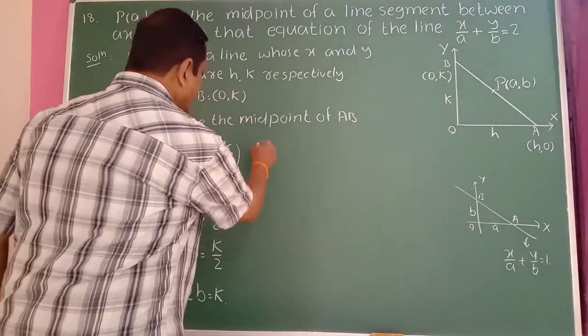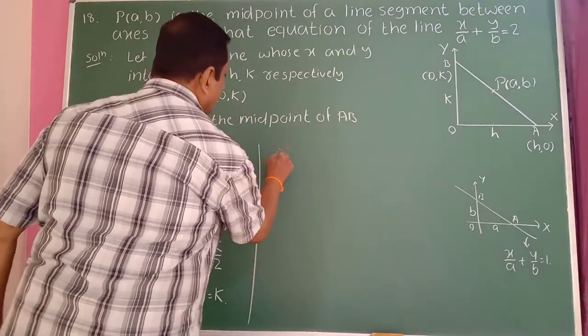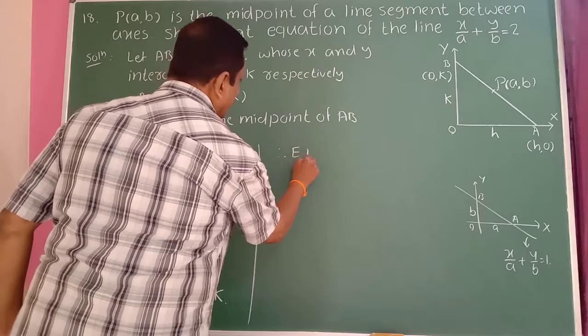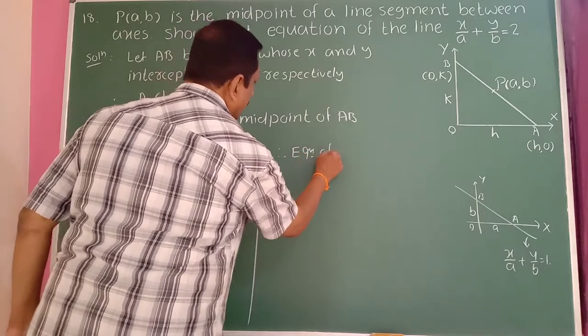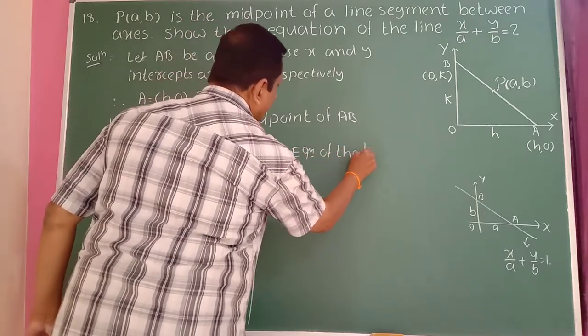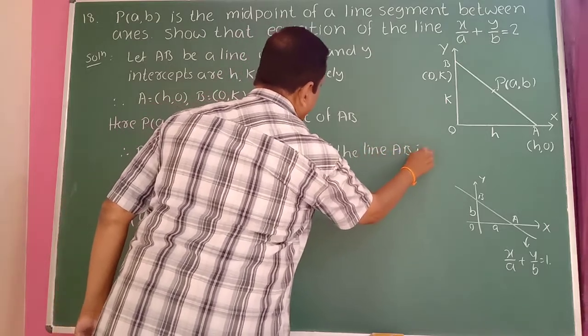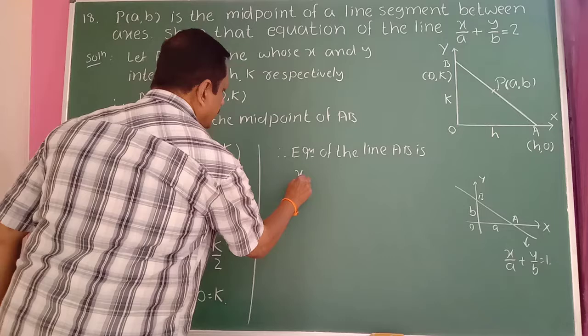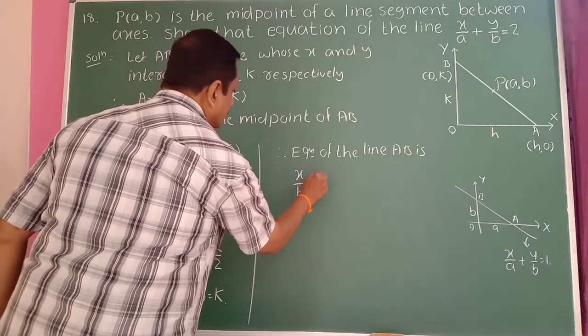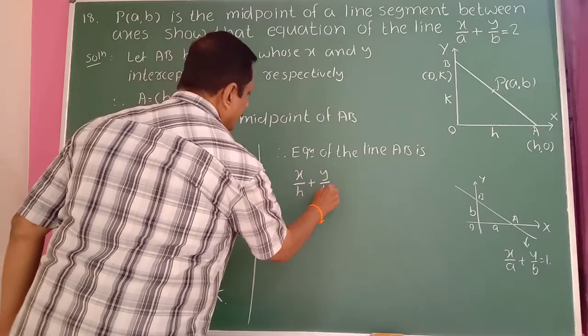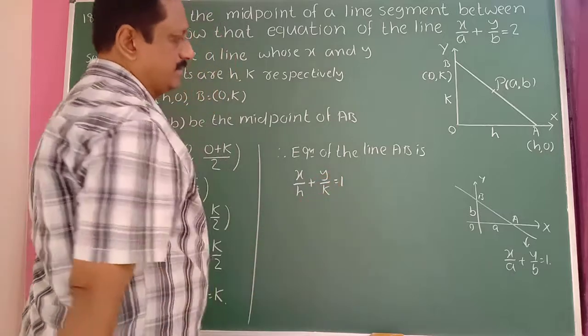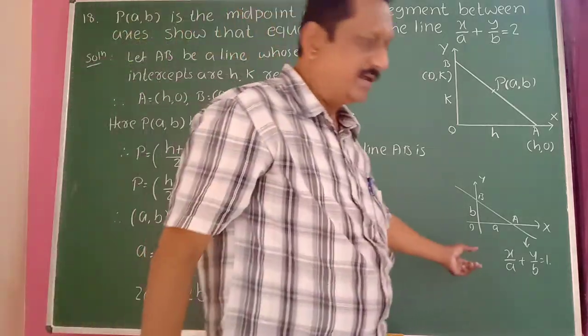Therefore, the equation of the line AB is x/h + y/k = 1 here. Okay, this is a standard formula already.